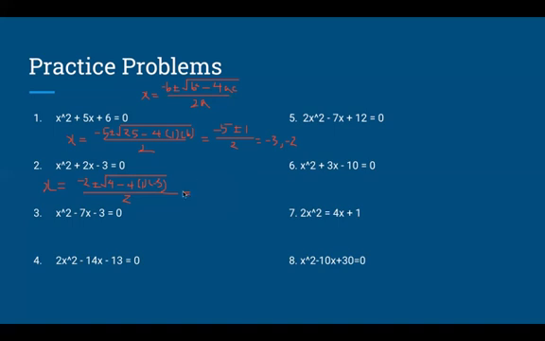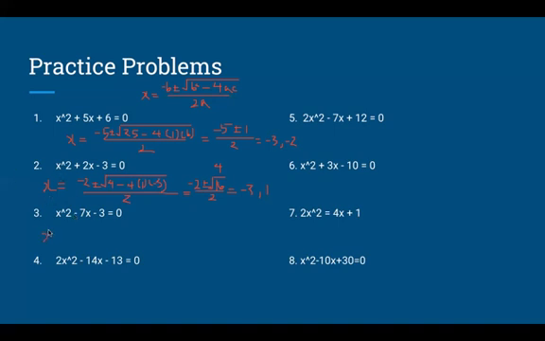If we simplify this, we get negative 2 plus or minus the square root of 16, over 2, and the square root of 16 is 4. So here it's also whole numbers. This gives negative 6 over 2, which is negative 3, and also 2 over 2, which is 1. And in this case, factorization can also be done.